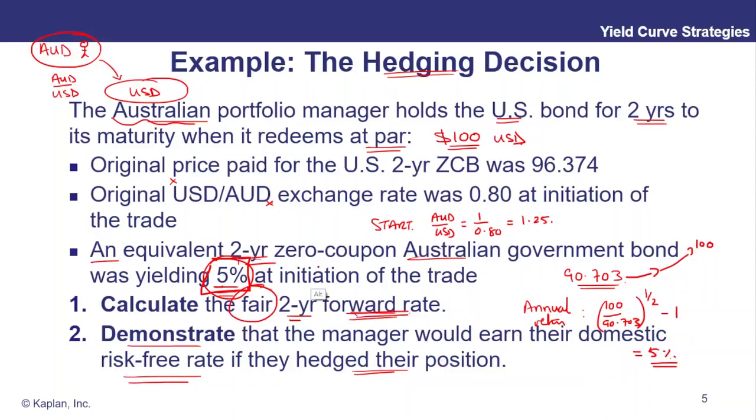Now, the fair 2-year forward rate, how do we get that? Good time to revise, actually. How do we get fair forward rates? We get fair forward rates through the no arbitrage equilibrium parity relationship, which is covered interest rate parity.